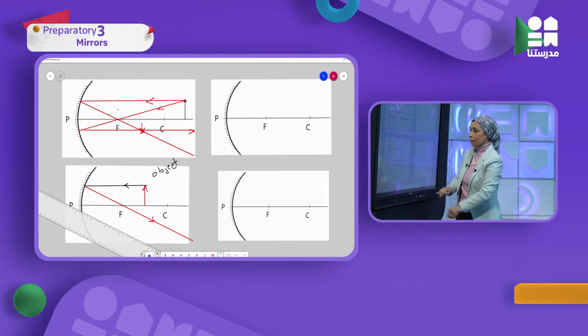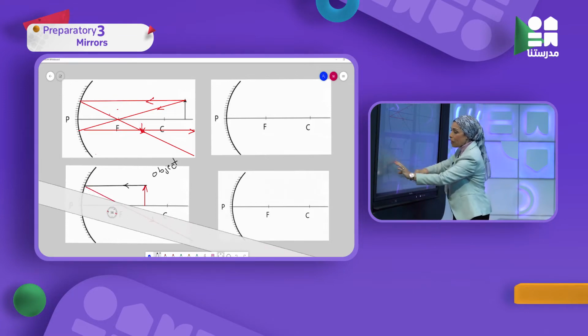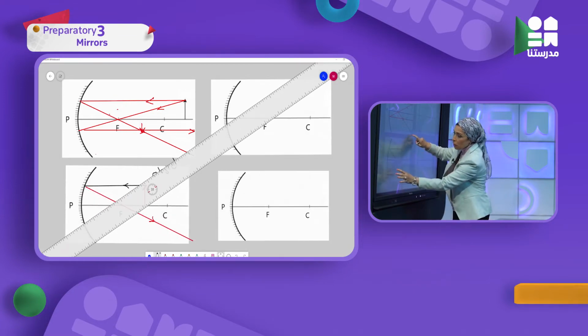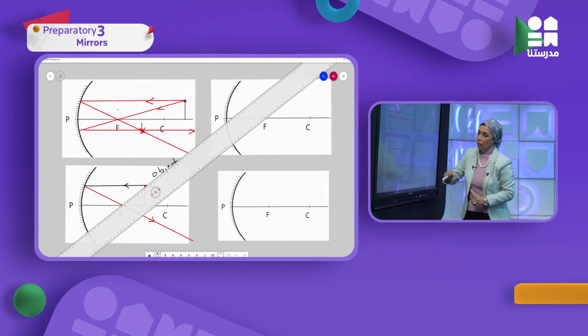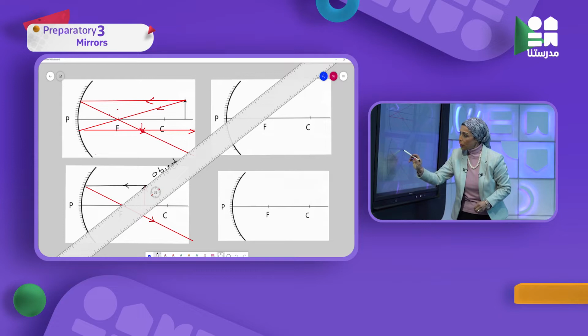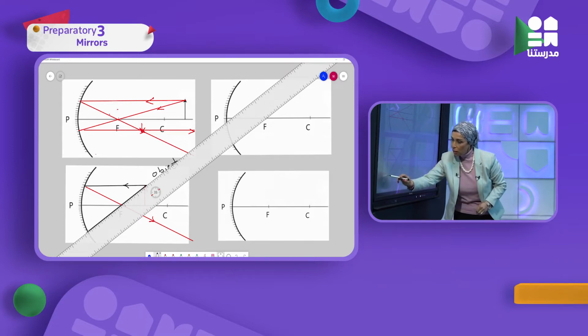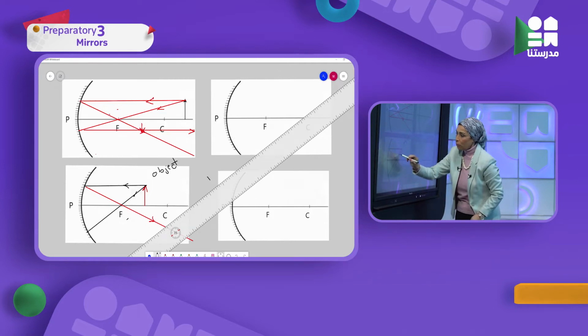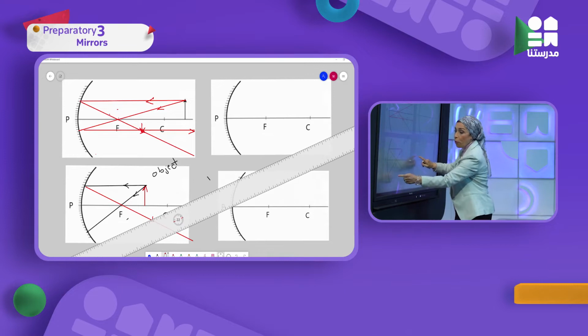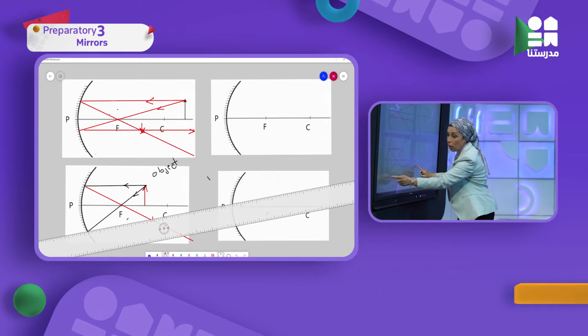The second ray is passing by the focus. Let's see how it's passing by the focus. We make a ray passing by the focus and reaching the surface, put the arrow, and then make the reflection from the point of the touch.